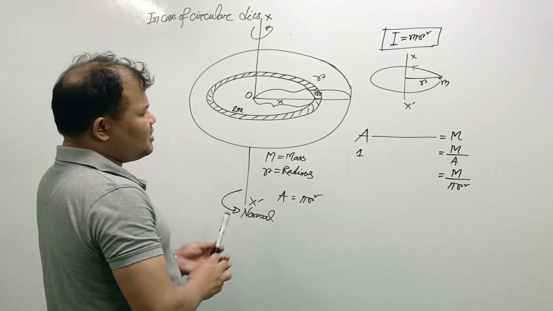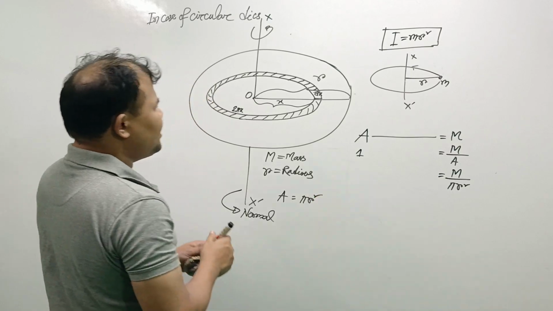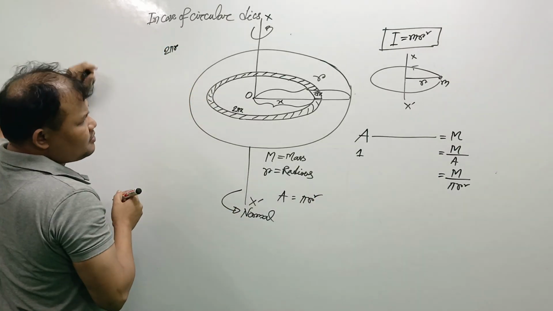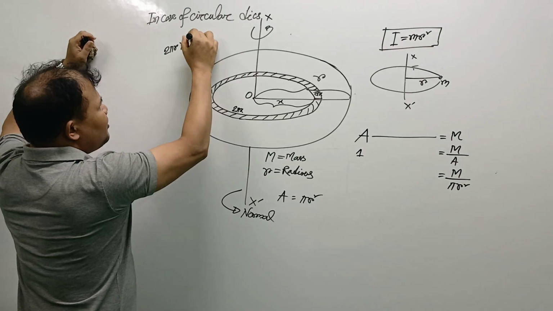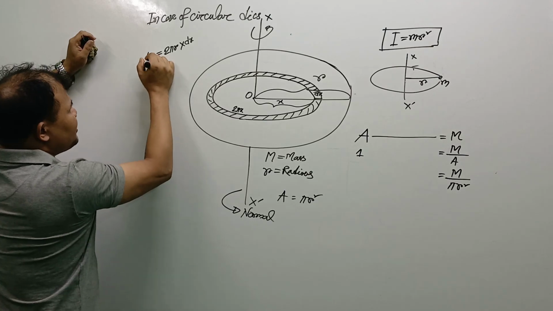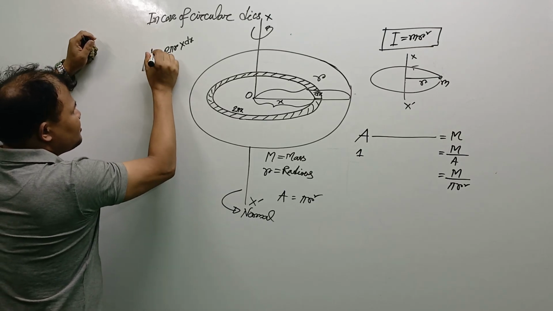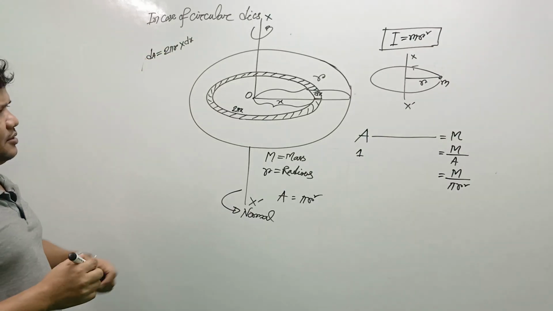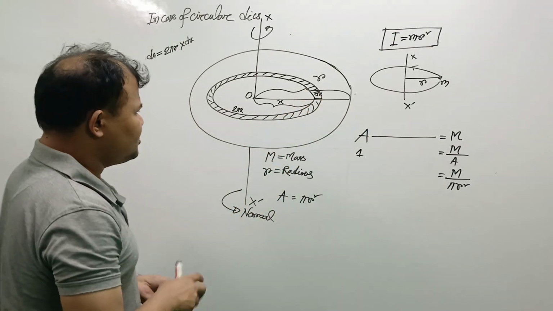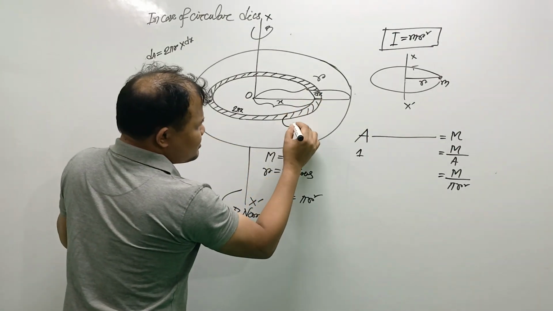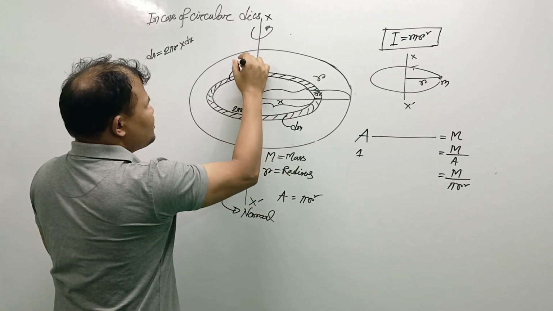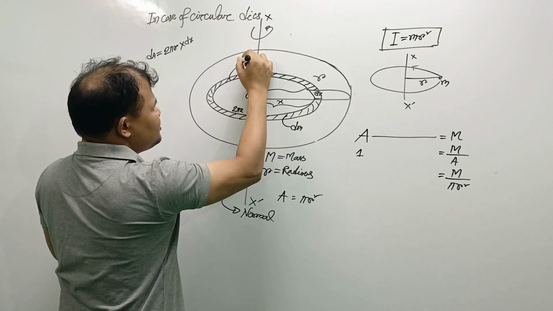So here the area is twice pi r, the circumference, and if we multiply by a very small dx, then we get the area of the very smallest part. Because of this smallest part, the mass will be a very small dm, and the area of this smallest section will be dA.